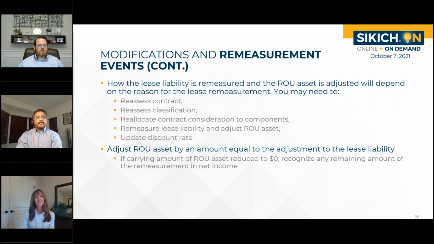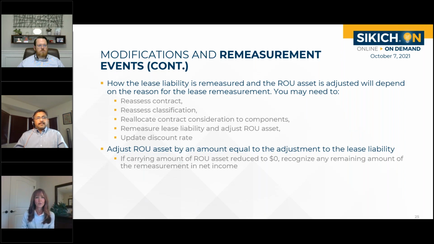So we have another slide relating to modifications and remeasurements. Depending on the circumstances, other steps aside from recalculating the lease liability and adjusting the ROU asset may also be required, such as reassessing classification, reallocating contract consideration to components, etc.